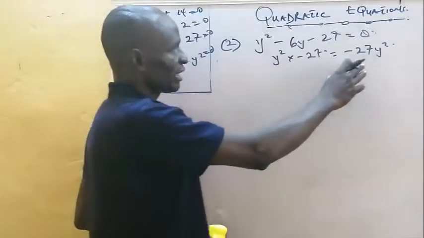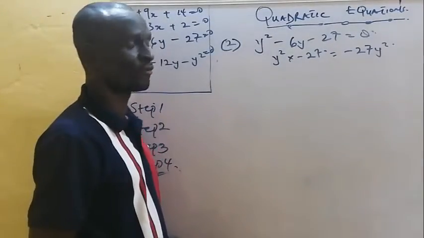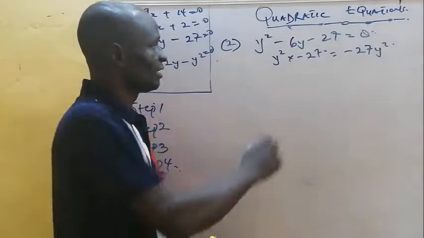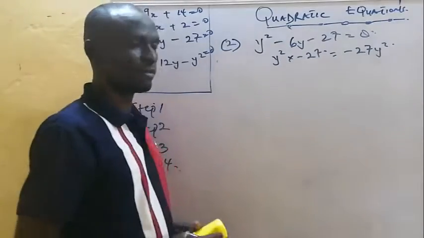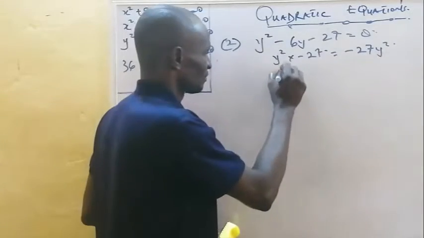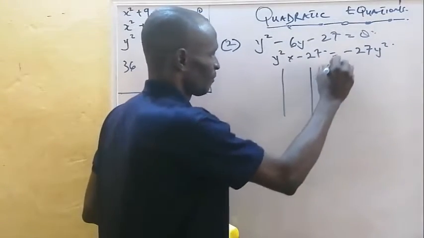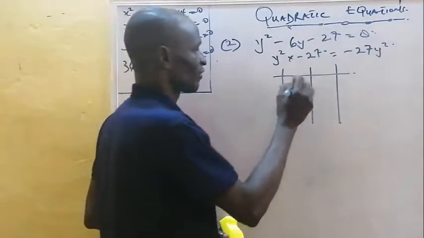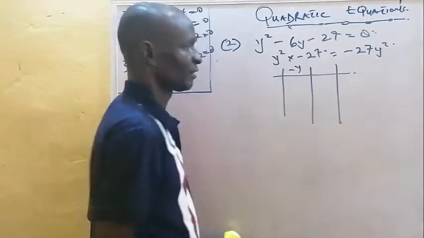Now, let's take the factors of minus 27y squared. If you ask me, I can give you the factors to be minus 9 and 3. How did I get that? Let's see. Now, here is 27. Pick minus y.